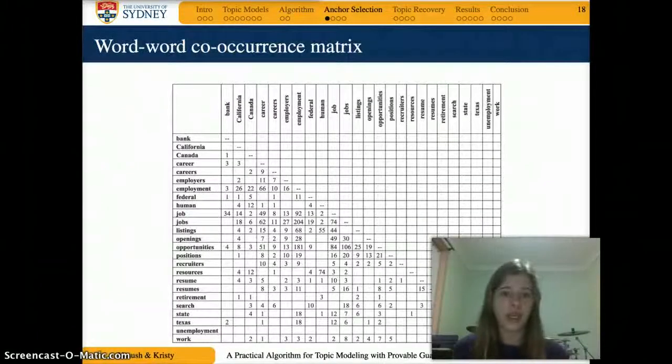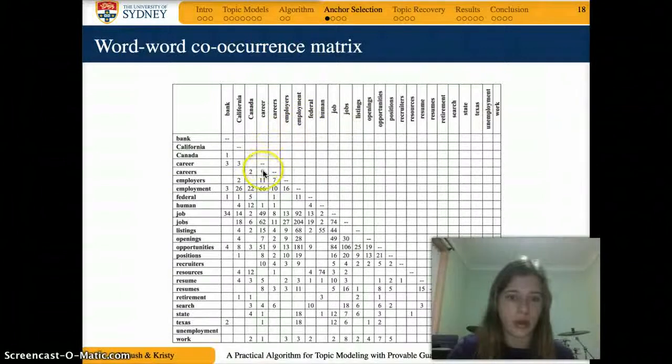So here is an example of the word-word co-occurrence matrix. So you can see here the words Canada and careers come up twice, but something like jobs and employment come up 204 times.